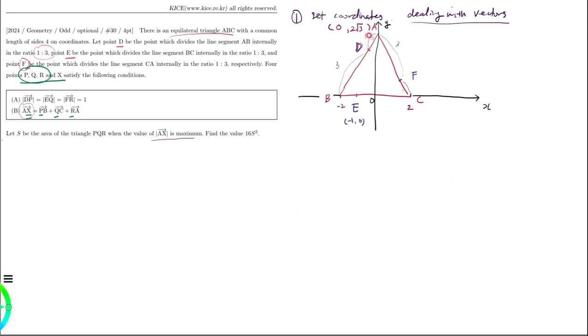First, let's figure out each coordinate of D and F. E is simple here, but in the case of D, we have some coordinate here. In F, we have some coordinate here.